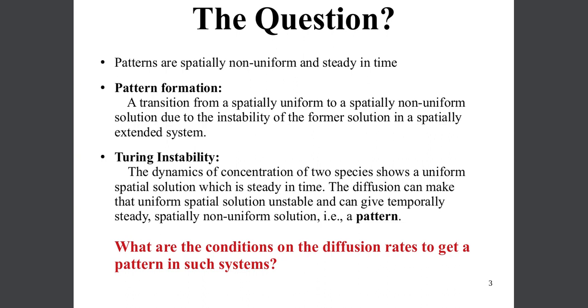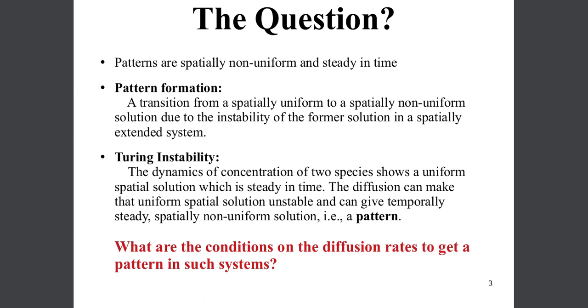As the spatially uniform solution is unstable, if you perturb the concentrations of pigments or morphogens, it will not go back to the uniform state. Uniform spatial pattern doesn't make any sense, so we will get some non-uniform spatial pattern.